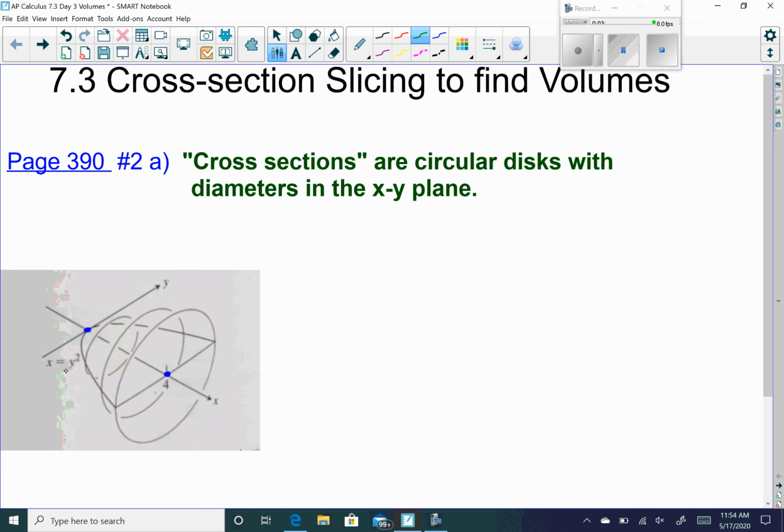So it's showing you here, even though it's giving us that y is equal to the square root of x, we could also say that x is equal to y squared, and that's what they have drawn in down here. So what we're looking at is y equals the positive square root of x right here, and then the negative square root of x is what the problem was telling us it's running to. Notice here it says cross sections are circular discs with diameters in the xy plane.